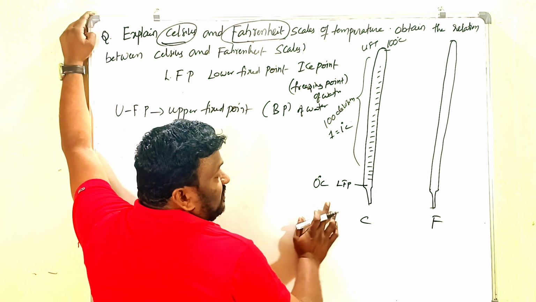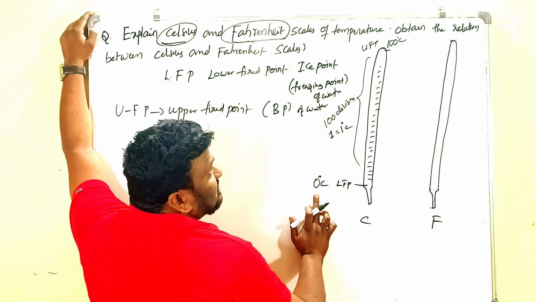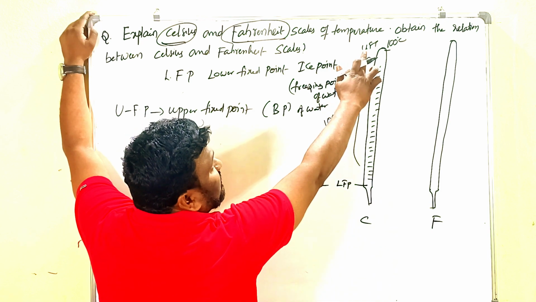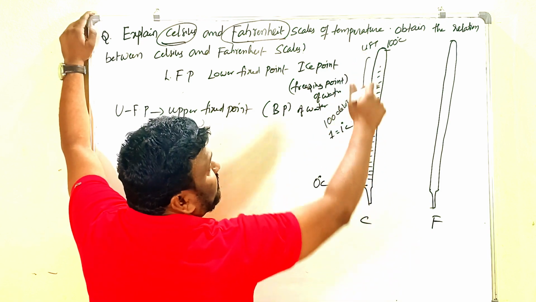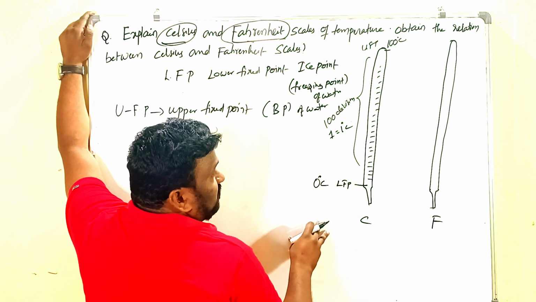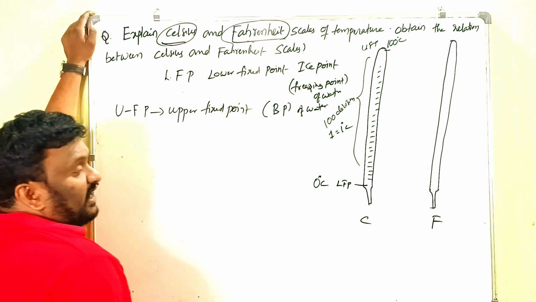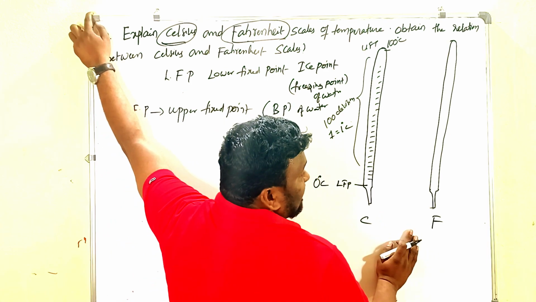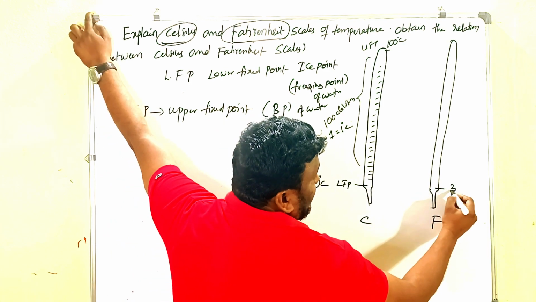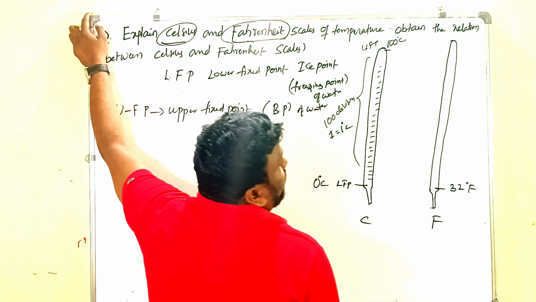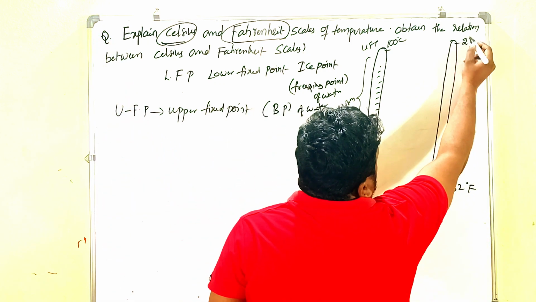So in the Celsius scale, the lower fixed point is 0 degrees Celsius and the upper fixed point is 100 degrees Celsius, and the length between them is divided into 100 equal parts, each taken as 1 degree Celsius. Similarly for the Fahrenheit scale, the lower fixed point is 32 degrees Fahrenheit and the upper fixed point is 212.